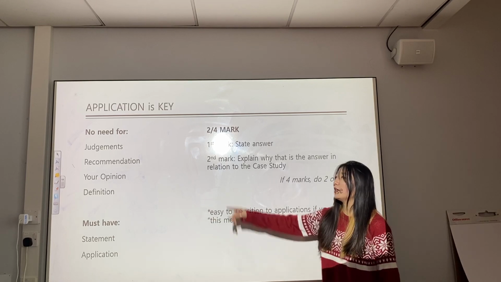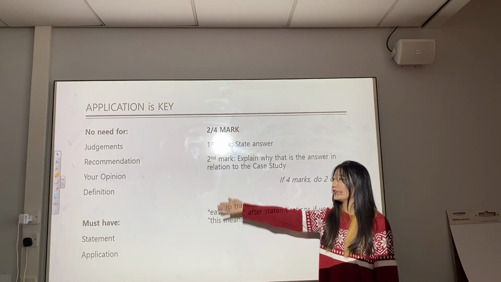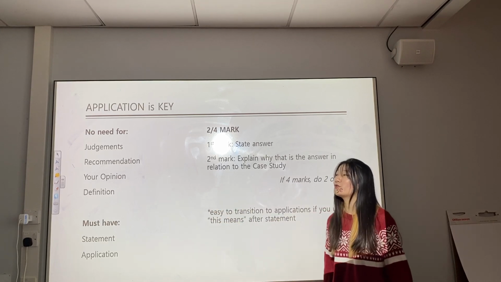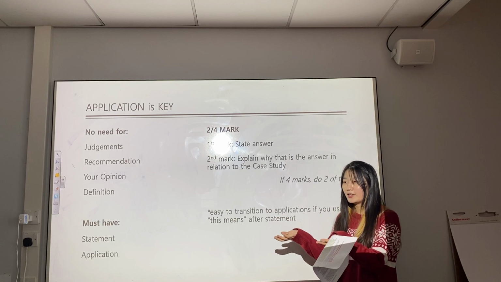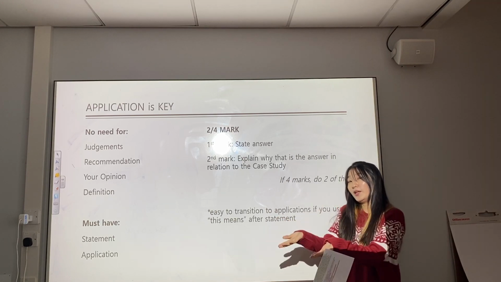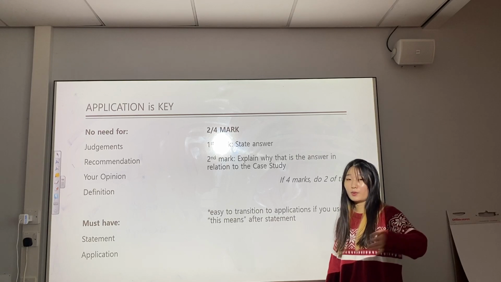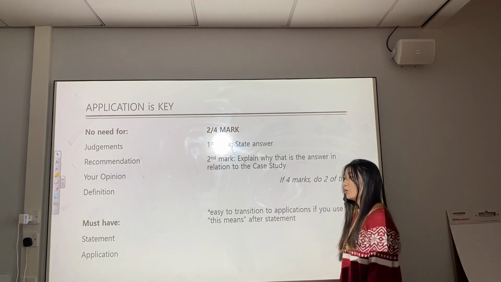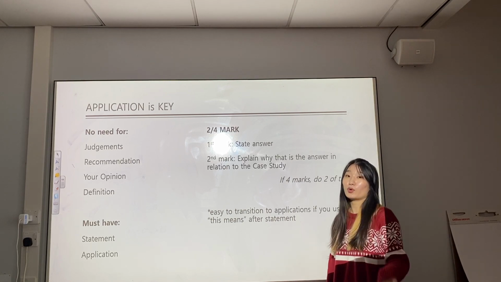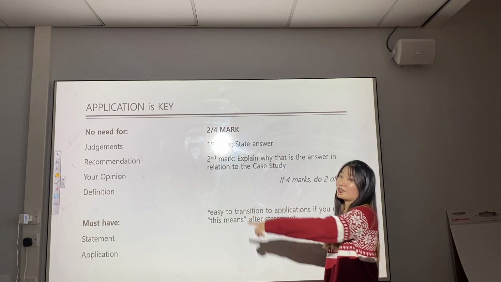Okay, but unlike 6 mark, 10 mark or even 20 mark questions, we don't have to give judgments or recommendations. So we don't have to weigh the advantages and disadvantages, we simply have to explain it. We don't have to say which one's a better outcome or a better solution for the case study. We don't have to tell the examiners what we think about it, or even give a definition.